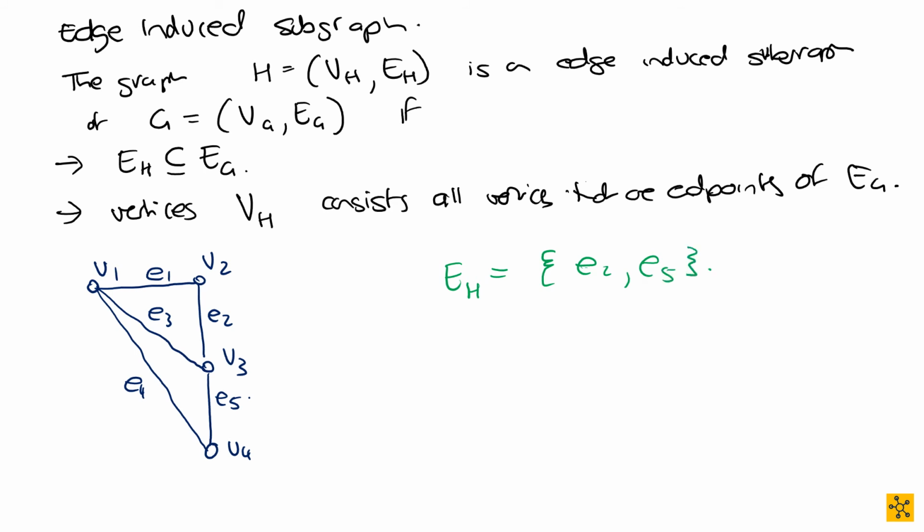So we want this edge in our subgraph, and we want this edge in our subgraph. And let me just bring that back so you can see what we're talking about. So for those edges to exist in our subgraph, they need endpoints, which means we need to bring through this one, this one, and this one. For an edge to exist, obviously it has to link vertices, so you have to bring those vertices through. So your vertices set is now going to be V2, V3, and V4. So all the endpoints of E2 and E5.